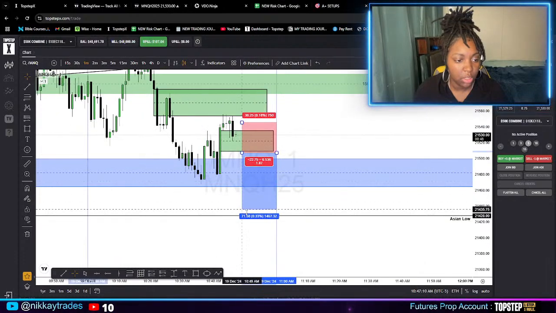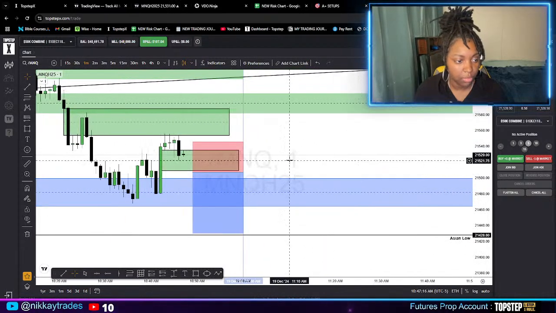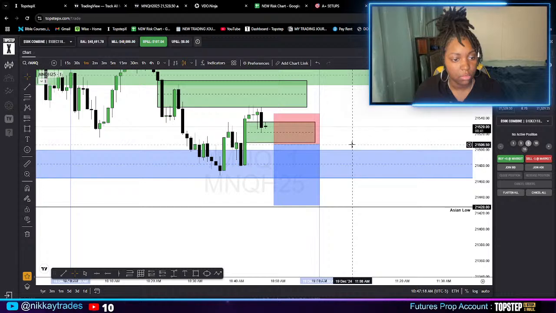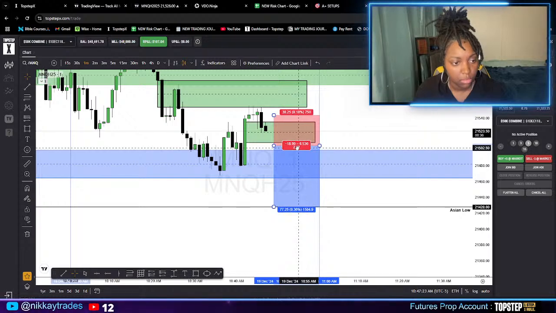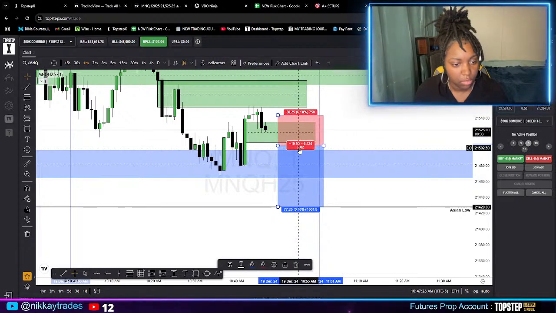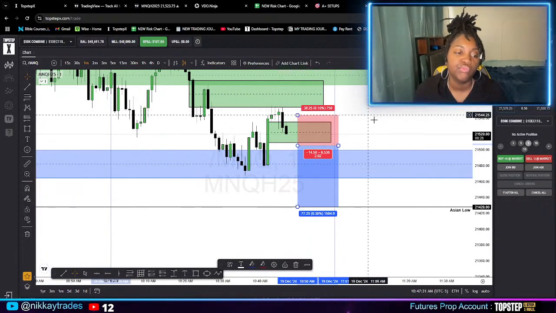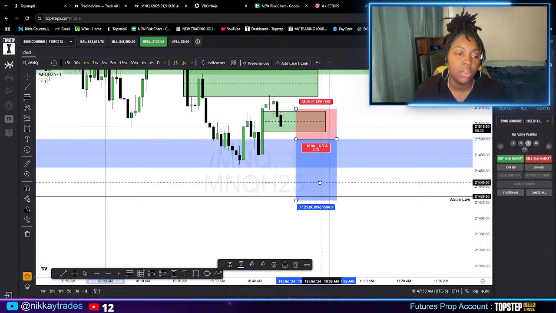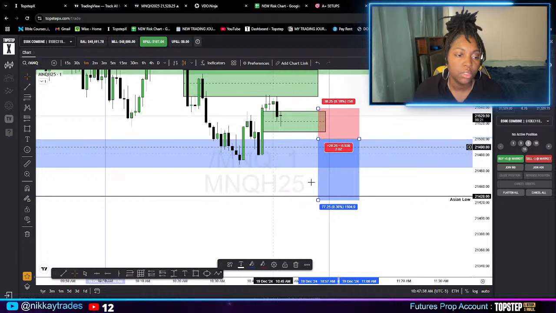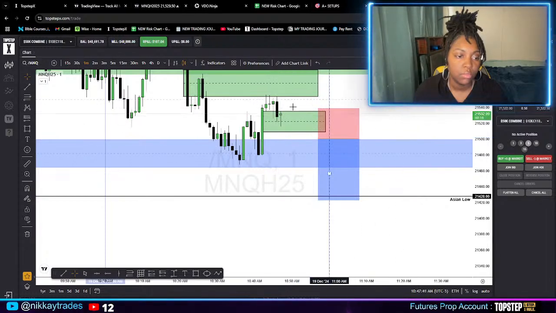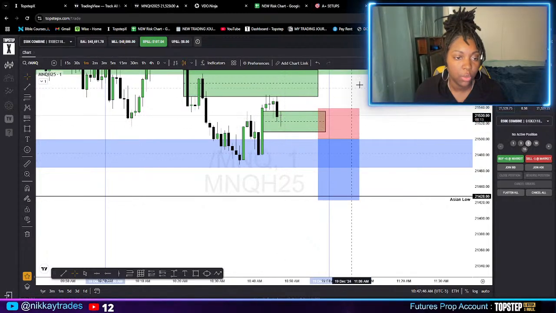It'll really be to the Asian low, and then I'll probably aim to take out that previous daily low. I needed to break out of that, and then I could possibly get in underneath this here, but it has to give me an inversion to push lower to get back in.